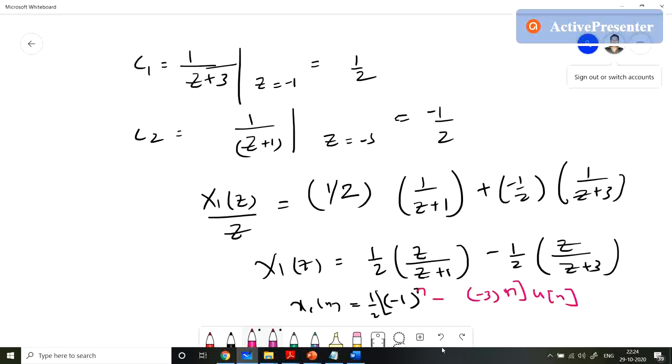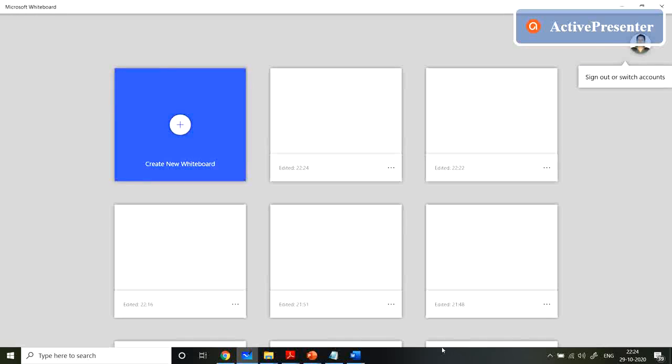So we have this relation for x1[n], then what is x[n]? Let us discuss what is x[n]. x1[n] we have calculated, and x1[n] is equal to 1/2 ((-1)^n minus (-3)^n) u[n].